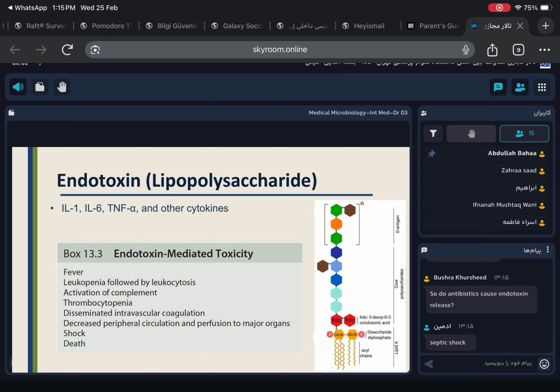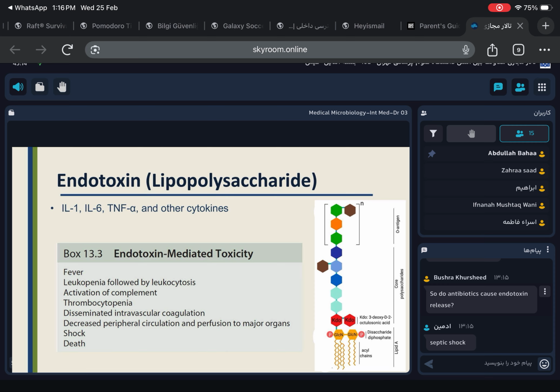Septic shock. So in septic shock, we have multiple organ dysfunction, and the reason is this impaired perfusion of organs. Essential organs like kidneys, heart, and brain are very important. If there is something wrong with the perfusion of these essential organs, there will be severe outcomes.